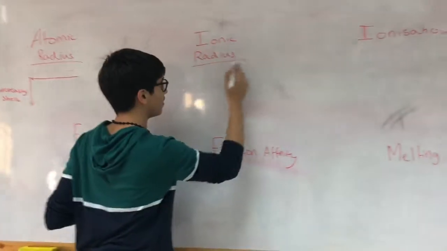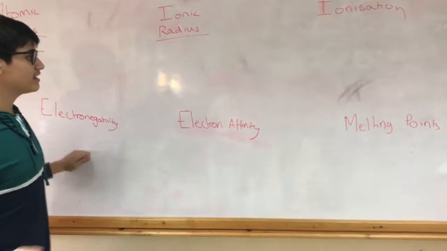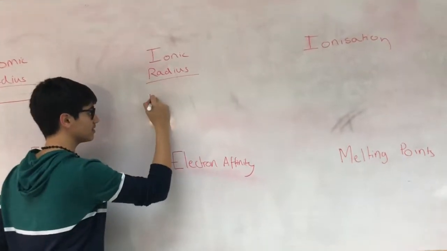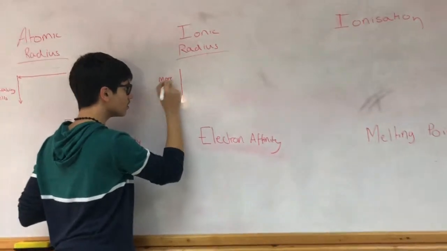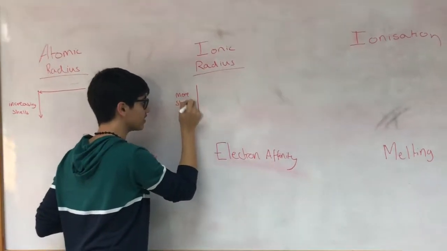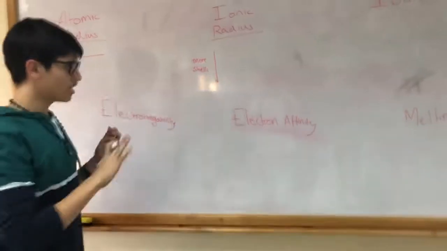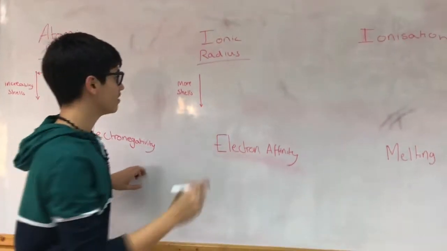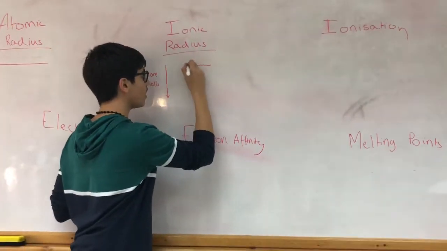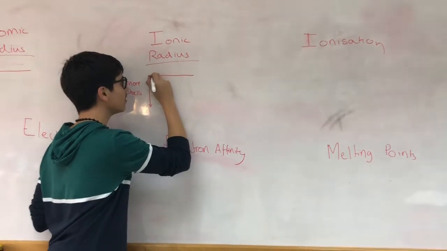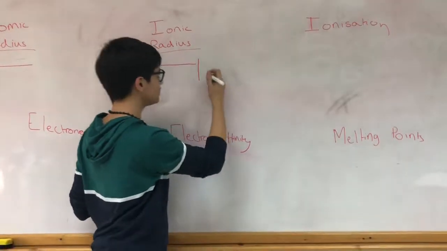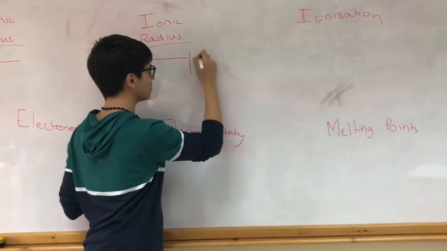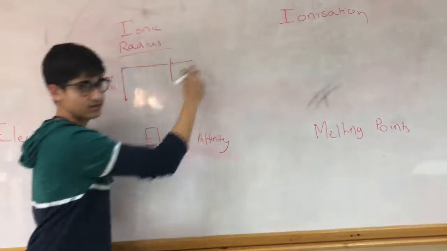Now moving on to ionic radius. Ionic radius also increases down a group, similarly due to more shells. However, when going across the period, it becomes a lot more confusing. It tends to decrease up to period 4, and then at period 4 you have the largest, and then it decreases again going across.